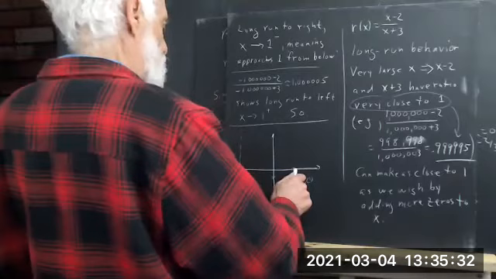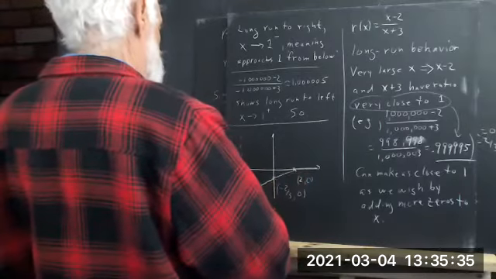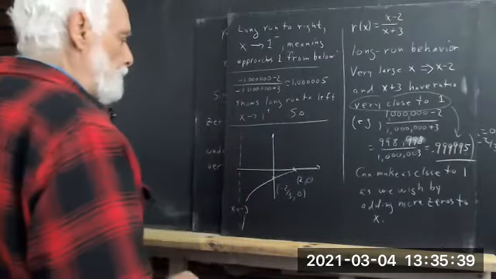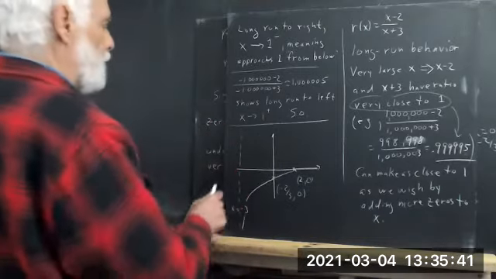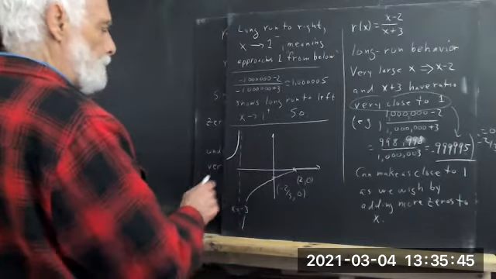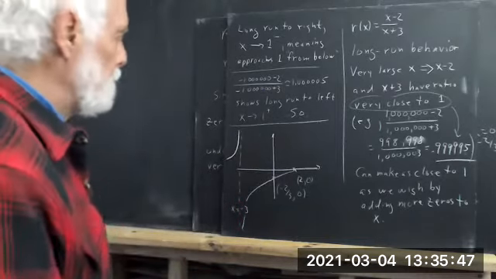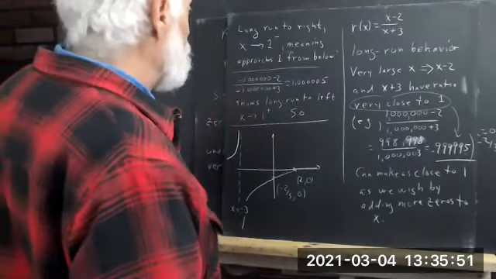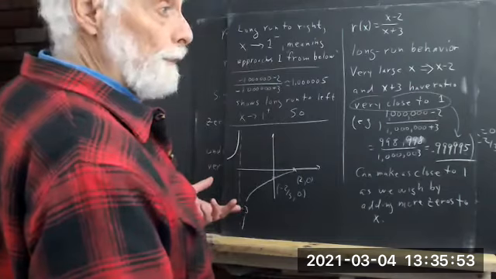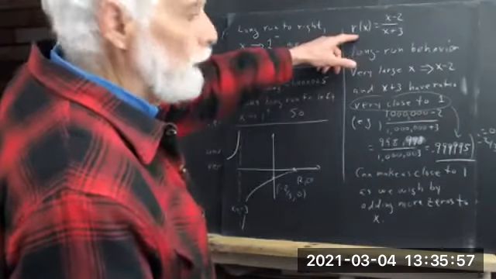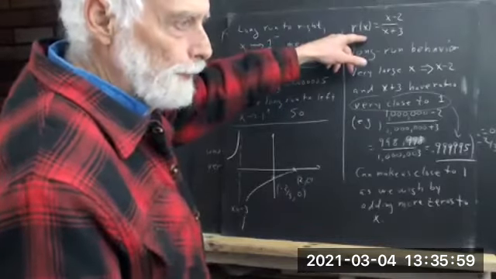So we have this asymptote here, and we also have an asymptote here. And we have the line where y equals 1, because, of course, we're looking at r of x. Well, y equals r of x.